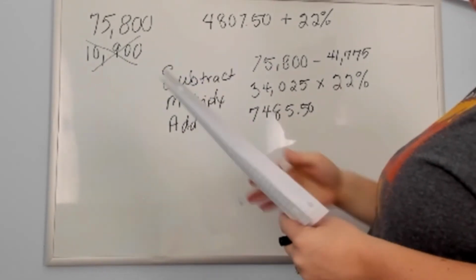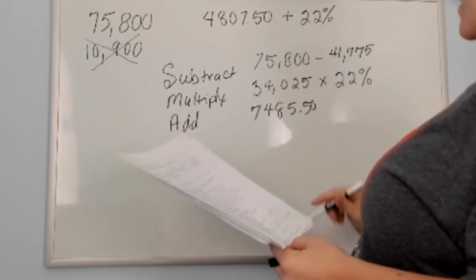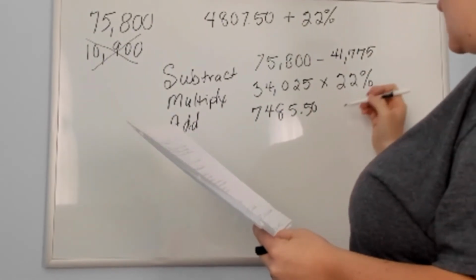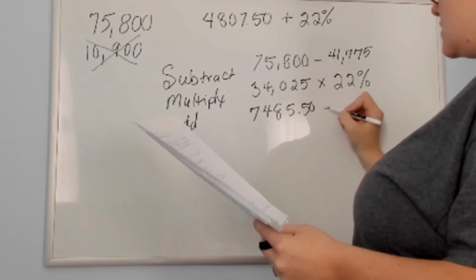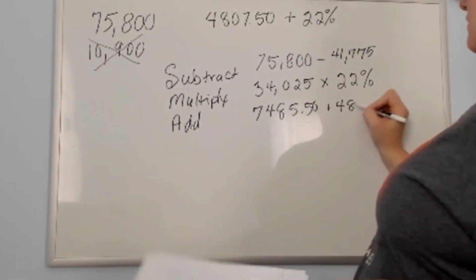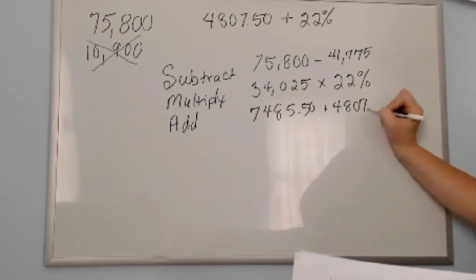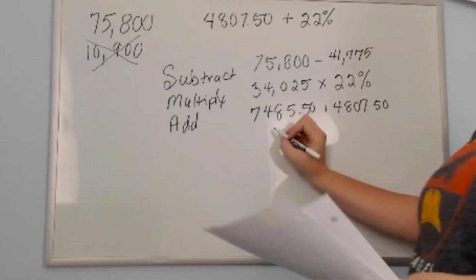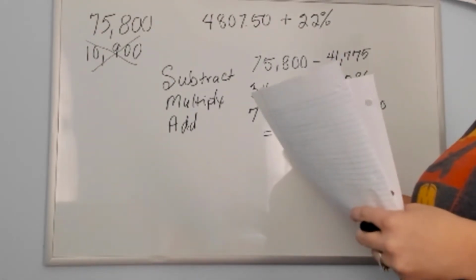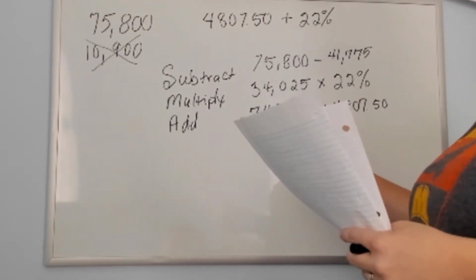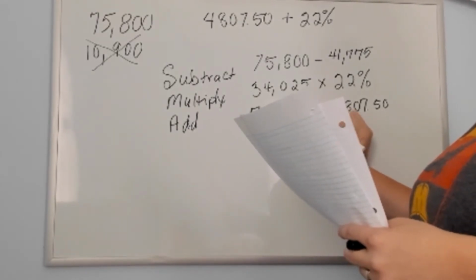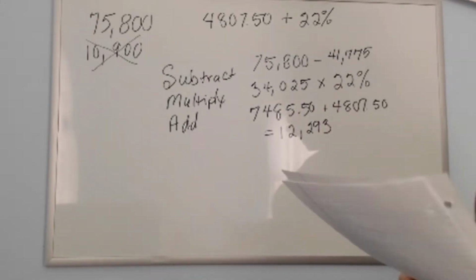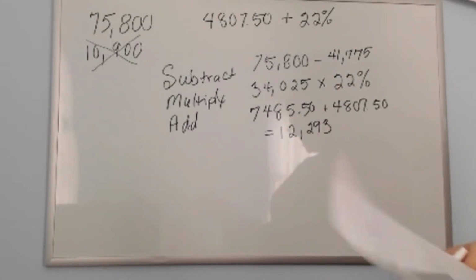And then we're going to add back this $4,807.50. So our total tax for Mr. Chuck is going to be $12,293.